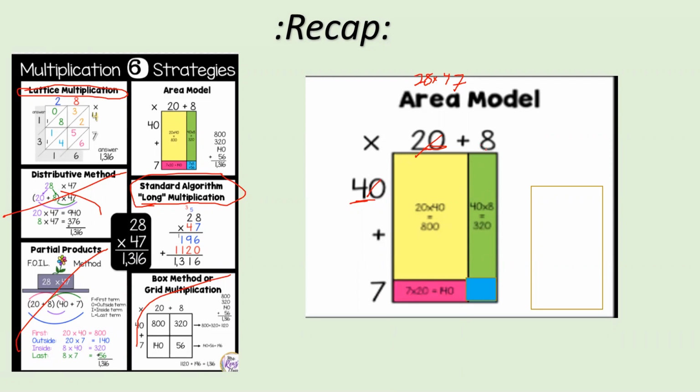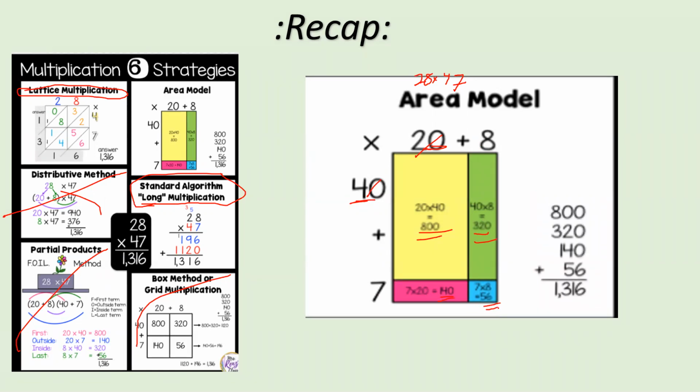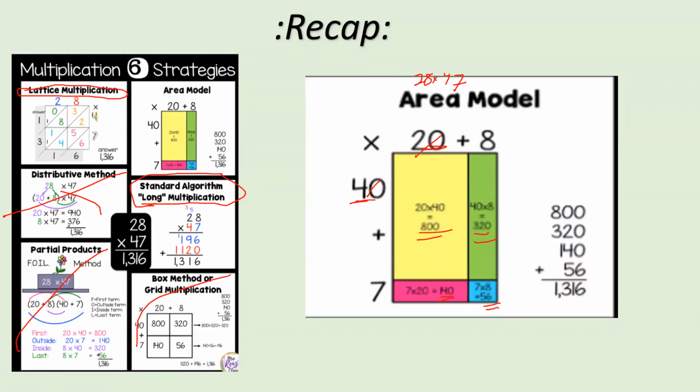Over here, it would be 8 times 40. 8 times 4 is 32. Add your 0, it's 320. And then 8 times 7 is 56. And then somewhere on your piece of paper, you would add 800 plus 320 plus 140 plus 56, and you would get the answer of 1,316.